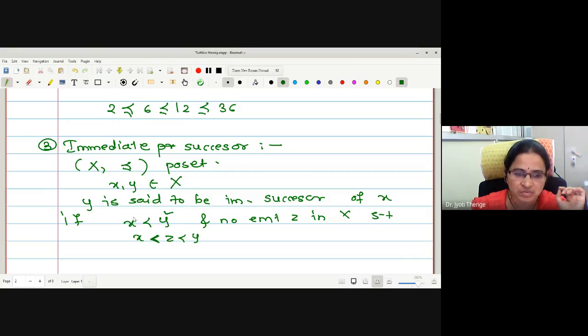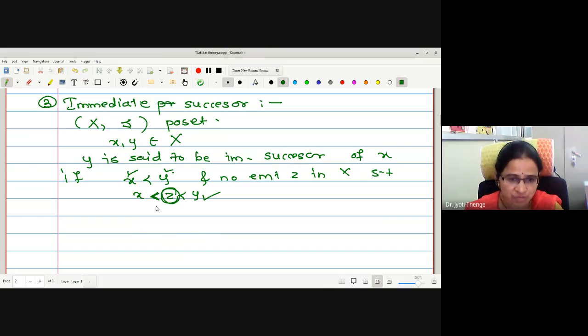You can assume Y is the immediate next number with the corresponding relation. Therefore, Y is said to be the immediate successor of X if there is no such Z between X and Y. Then Y is the immediate successor, and in the similar situation, X is called the immediate predecessor.